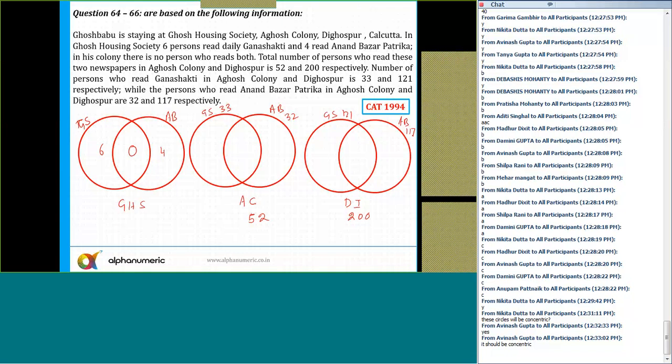That's it. So I think it can be solved quickly now. Can you guys tell me what the middle value here is equal to?